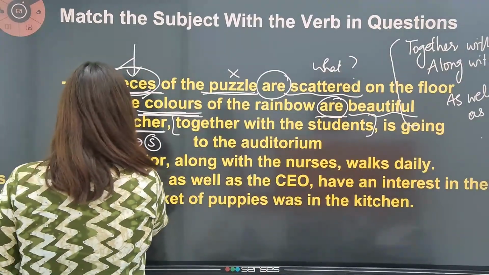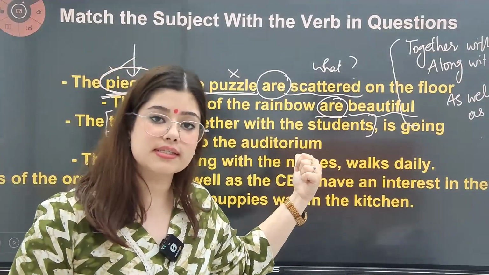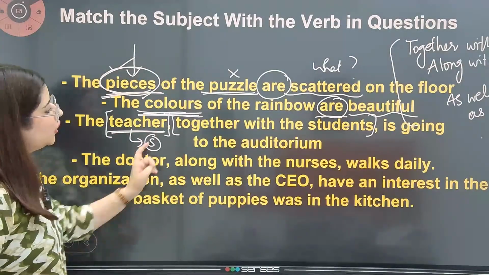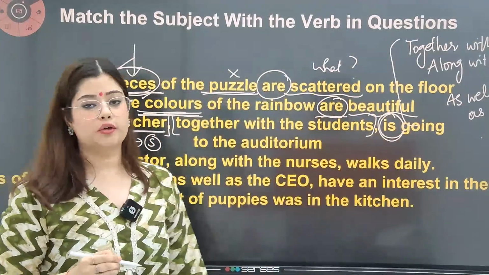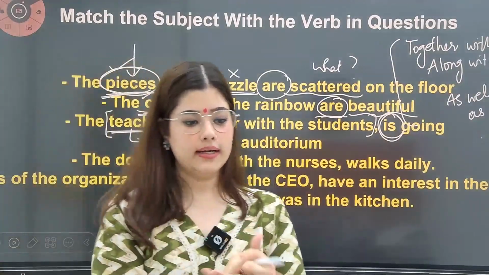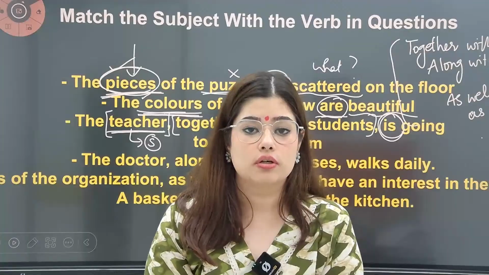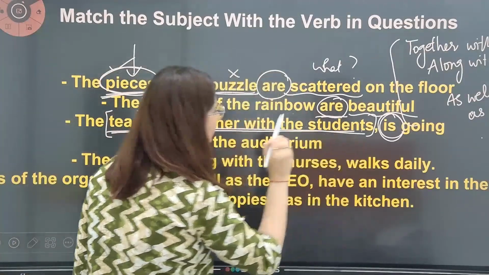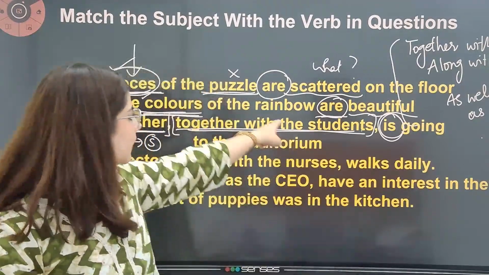I have to consider my subject, which is teacher in this case, and which is a singular subject. So the teacher together with the students is going to the auditorium, right? I have to consider the subject teacher. This is just extra information and should not come in the way of choosing a verb form.